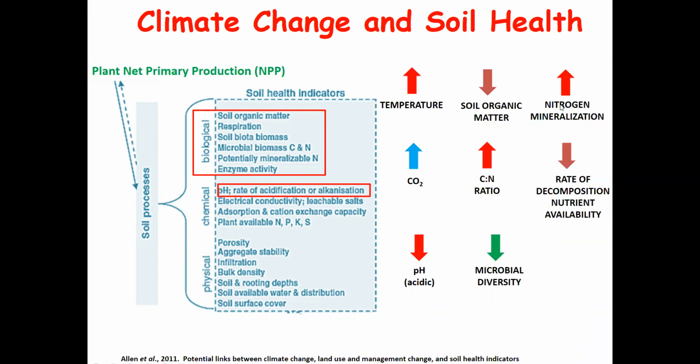Nitrogen mineralization will increase. Carbon dioxide will increase. The carbon-nitrogen ratio will increase. The rate of decomposition and nutrient availability will, however, decrease. pH will decrease. Soils will become more acidic, and microbial diversity, most importantly, will also decrease.